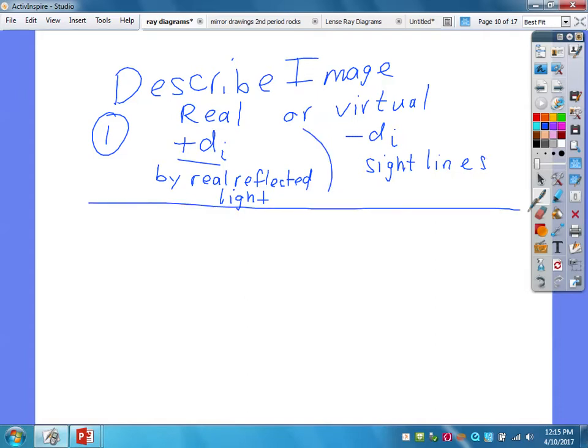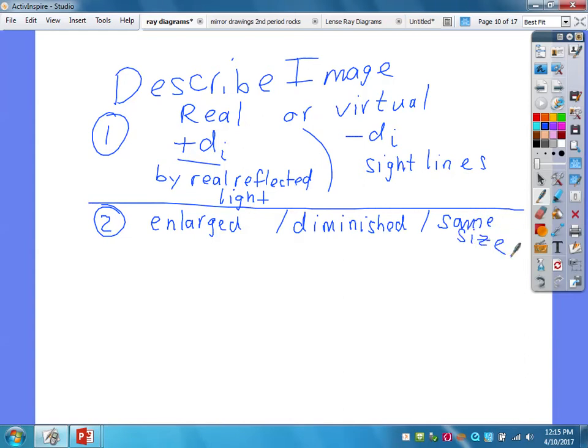The second one, I know I went in a different order, is the image enlarged, diminished, or the same size? That's going to be related to the magnification of the image.